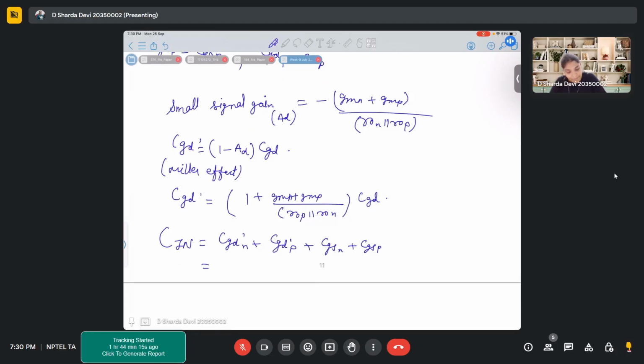So the total capacitance is Cox N plus Cox P plus COV N plus COV P into 1 plus GMN plus GMP upon R0 N parallel R0 P. So the value that we get is C total equal to 304.83 femtofarad.